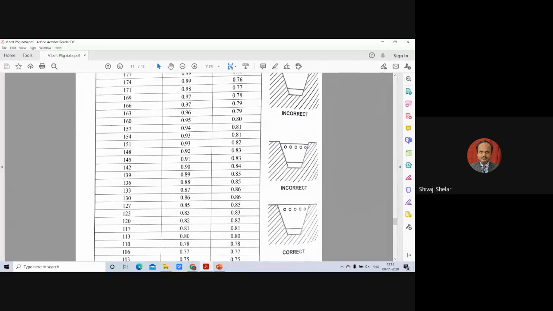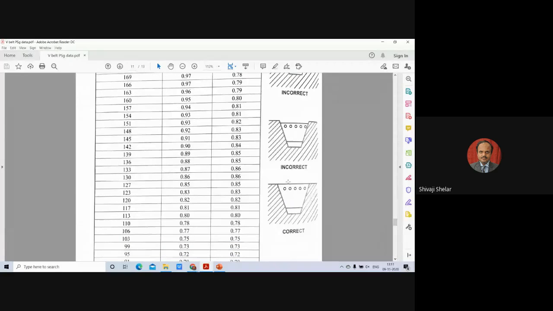What is correct belting? Whatever top width we select, the top width of the belt and the top width of the groove should match exactly, and there should be sufficient clearance at the bottom. Then this belting is called correct belting.